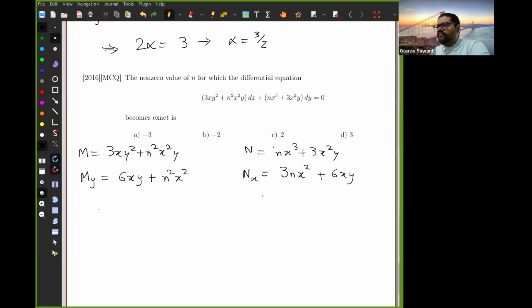Right. So we got n square x square equal to 3nx square. n square is equal to 3n, which gives you two answers, n equal to 0, n equal to 3. And since the question asks for a non-zero value, my answer is 3.